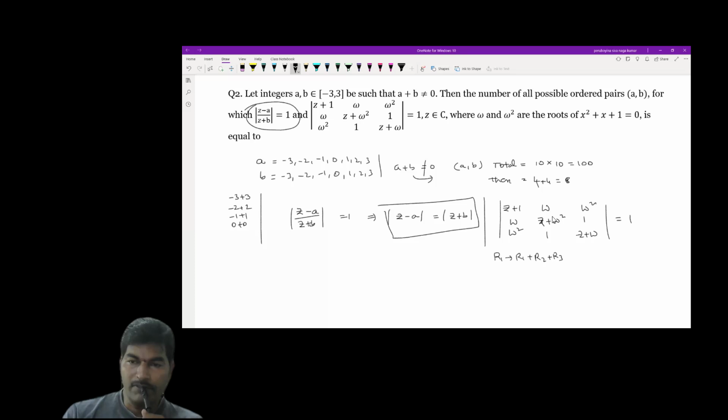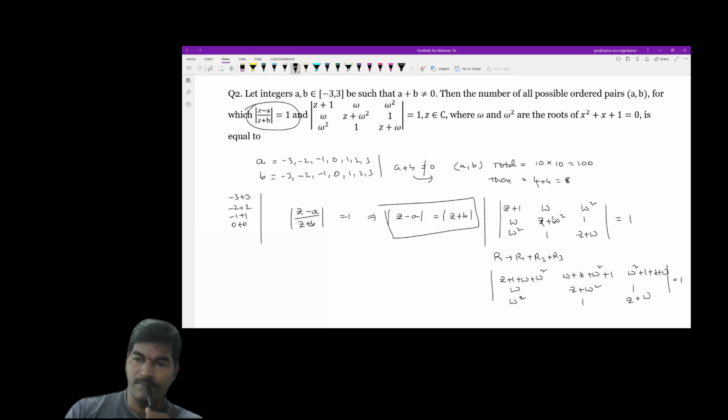After performing this operation, we will see Z plus 1 plus omega square plus omega in each entry, and all these determinant values are equal to 1.